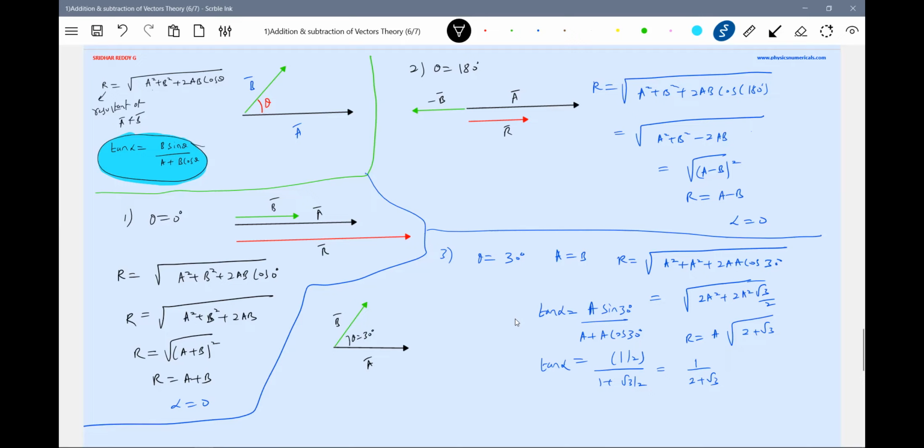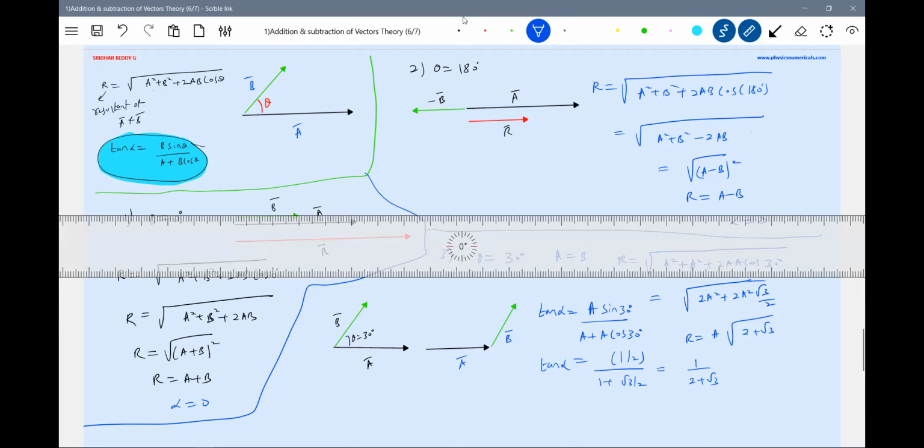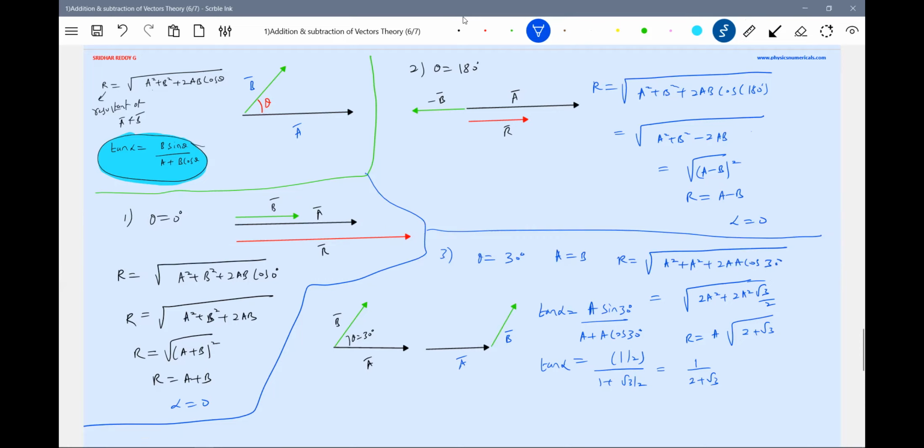So there's a vector A bar and B bar, and the resultant is given by this one.